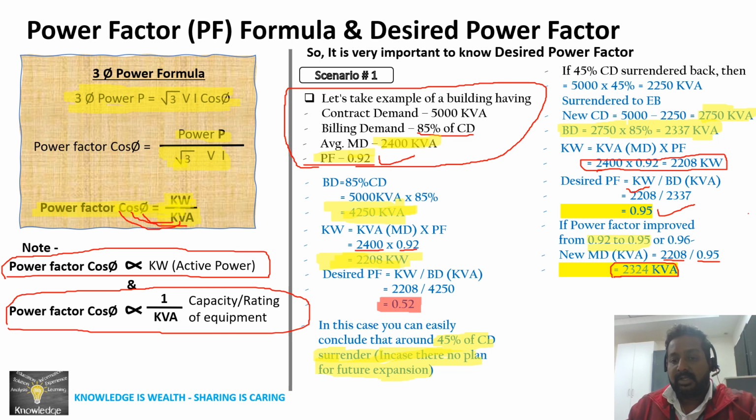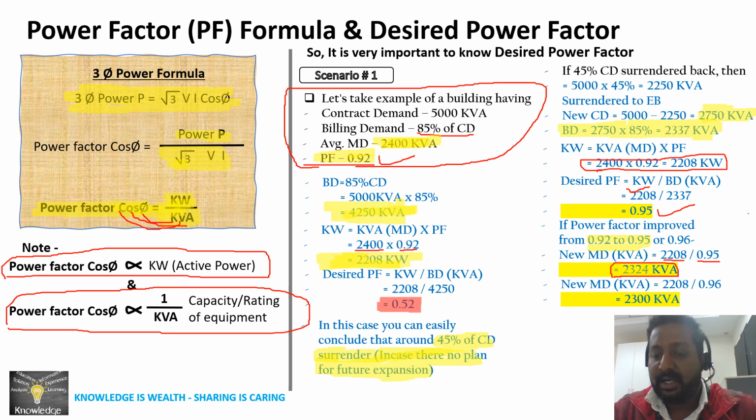So it is very difficult to stay on the edge of the billing demand month on month. What if we improve one more point, from 0.95 to 0.96? What will our maximum demand be? 2208 kilowatt divided by 0.96 is 2300 kVA.